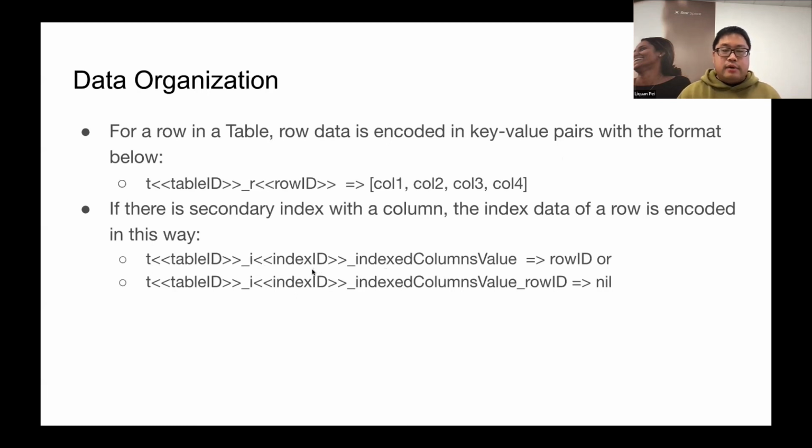Then the column you choose to be the index will be encoded in the key and point to the row ID. If the index is non-unique, the row ID will also be encoded in the key. And the goal is that both indexes and data are key-value pairs. And yeah, that is the idea.